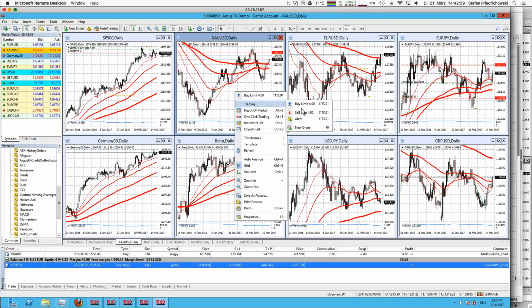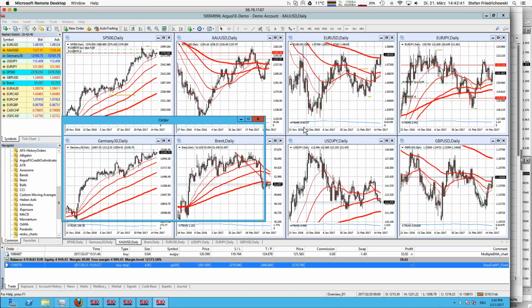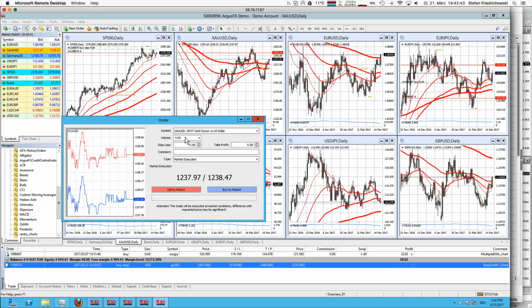So trading, new order, but of course not for a lot. We go for 0.04 lot. We go market, yes, and it's a multiple EMA trade, and the stop loss was taken out of the chart, and therefore suffix chart.